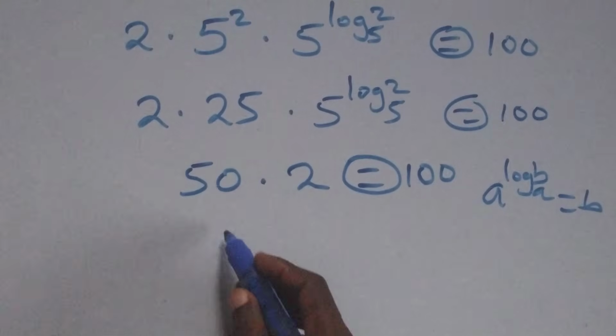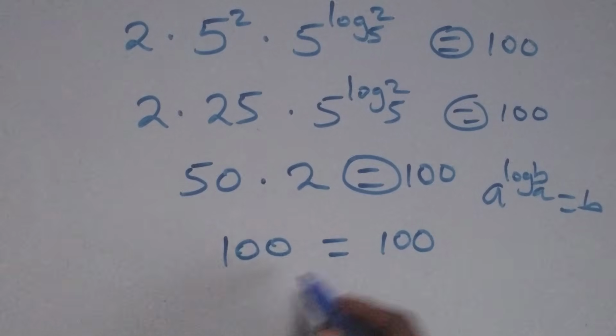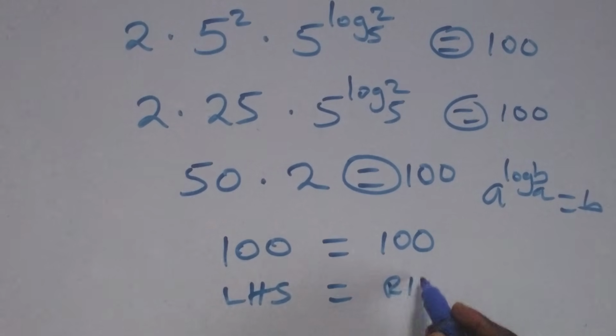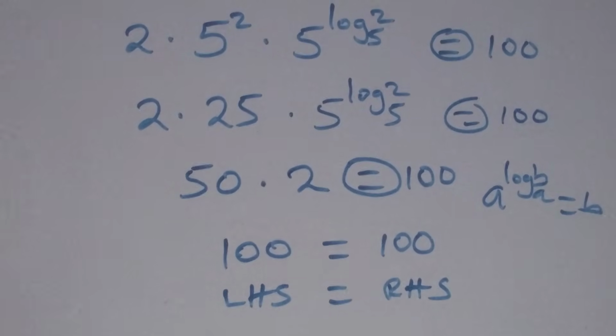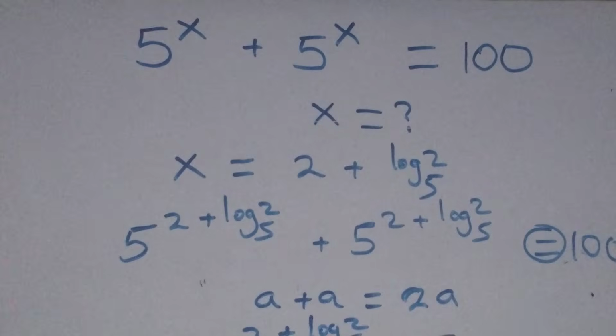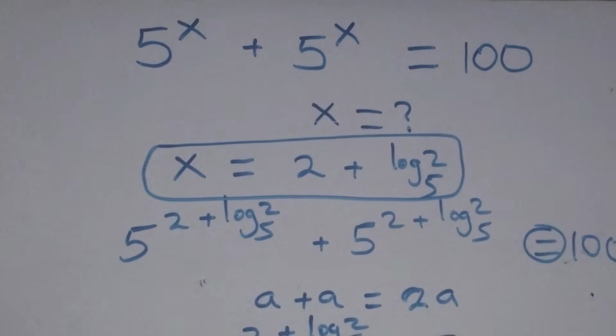And 50 times 2 here gives us 100, which is equal to 100. Left hand side equals the right hand side. Therefore, we conclude that the value of x, which is 2 plus log 2 base 5, satisfies the given problem.